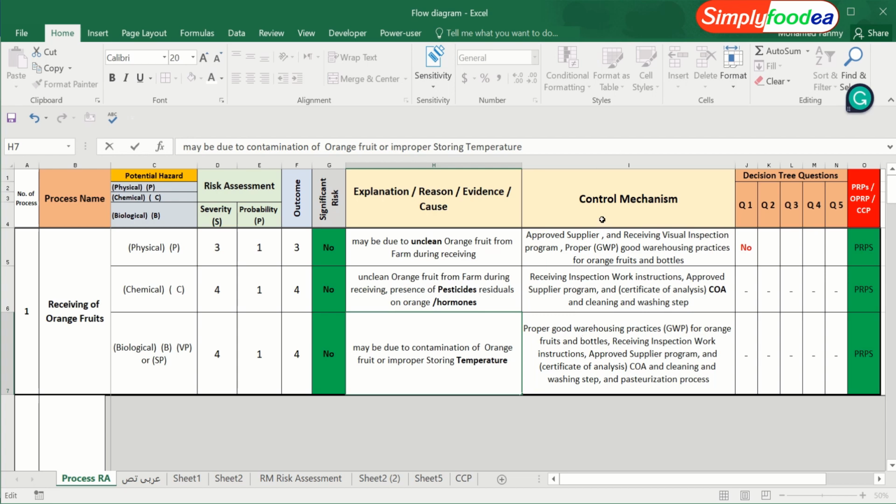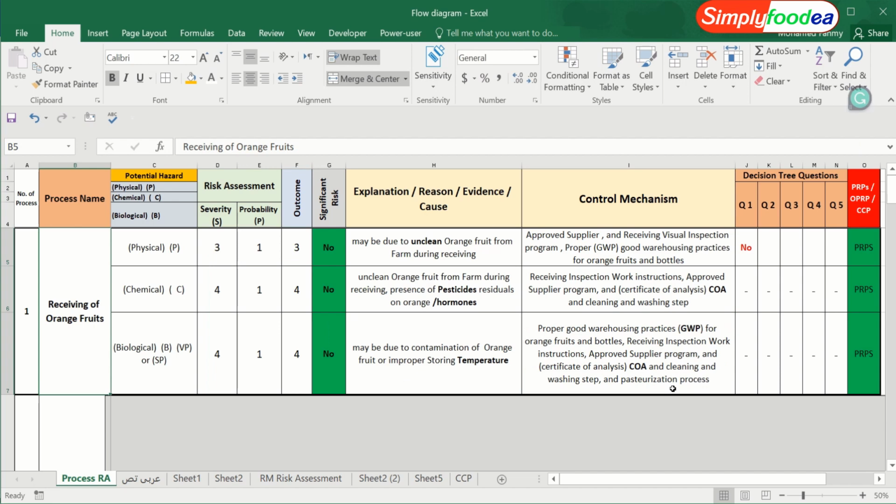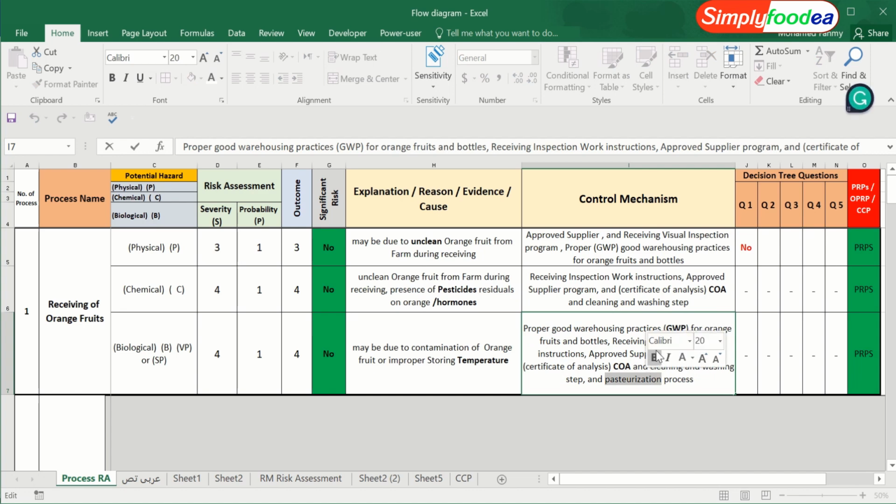Proper good warehousing practice is a control mechanism, okay, either for the fruits or the bottles. The receiving inspection work instruction, approved supplier, and certificate of analysis are controlling the biological hazard in the receiving of the orange fruits, and of course the cleaning and washing step and the pasteurization step later on.